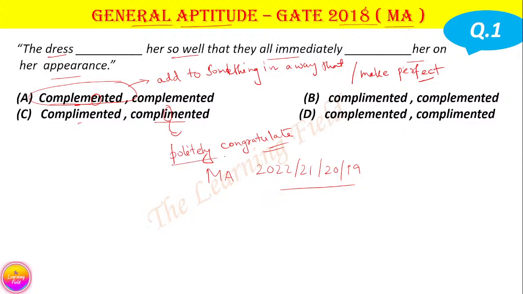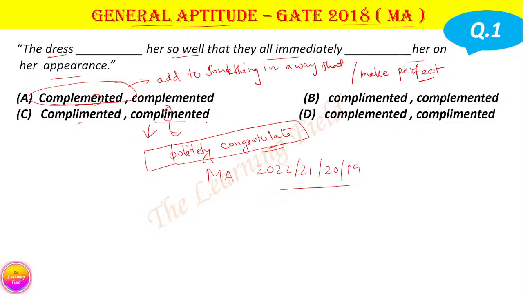We use this word in the way that, suppose anyone gives a very good performance in dance or a song, then we congratulate them: you are a very good dancer, or this song is very good. This is such a type of compliment.